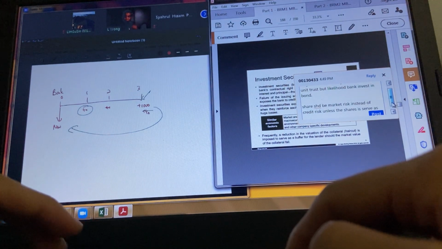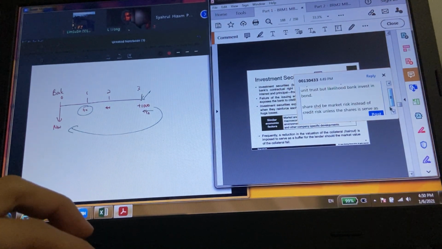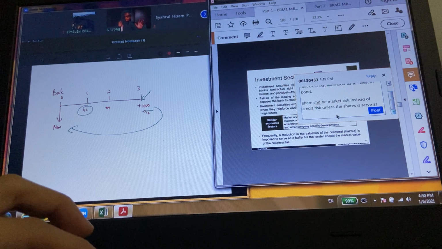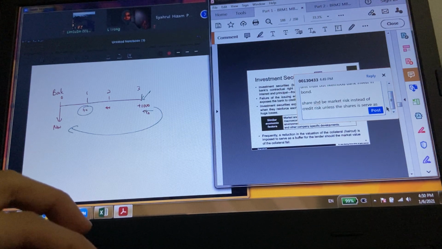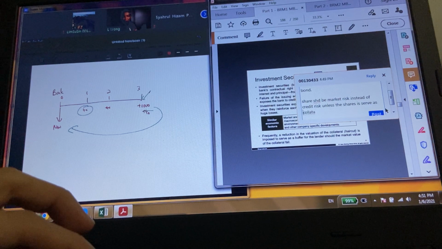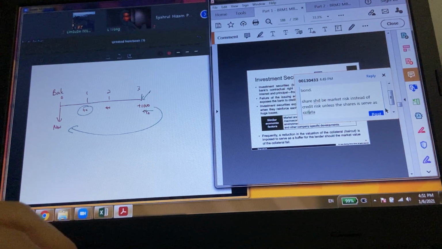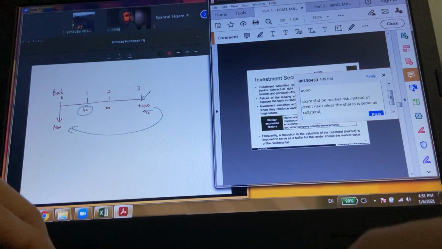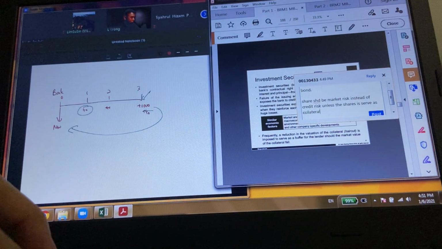If the share price is low, we sell at a loss. We don't lose all the money, but the price we get is way below the amount we lent. So at the end of the day, our recovery rate will be low. That is the credit risk. The recovered amount is less than what we were supposed to get. Possible. That is on shares. But if you invest in shares directly, there's no credit risk. Unlikely. Just to give you the idea.